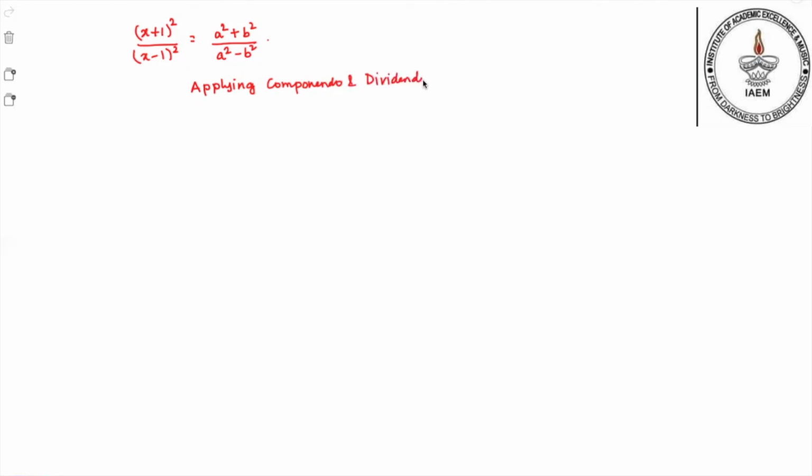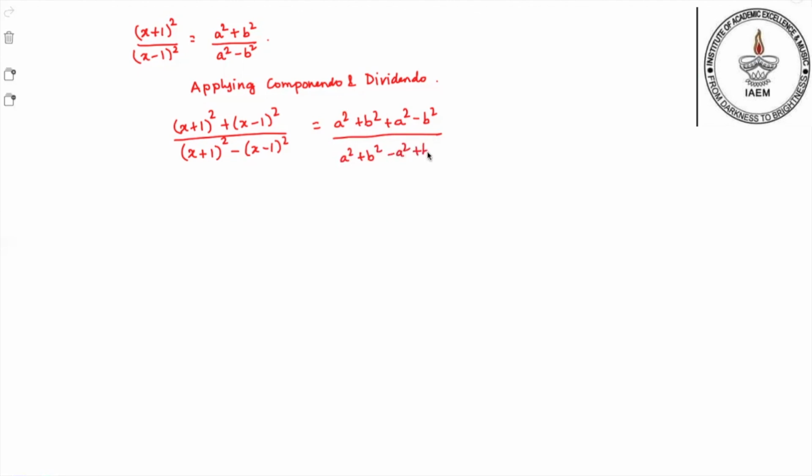Applying componendo and dividendo, we'll get (x plus 1) whole square plus (x minus 1) whole square, whole divided by (x plus 1) whole square minus (x minus 1) whole square, equals (a square plus b square plus a square minus b square) whole divided by (a square plus b square minus a square plus b square).